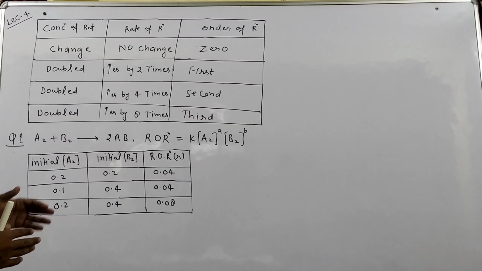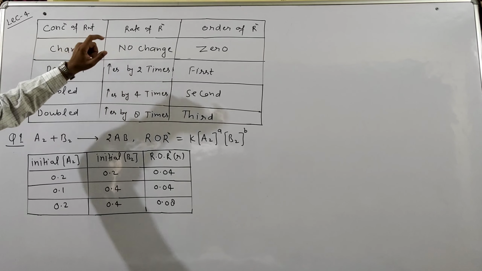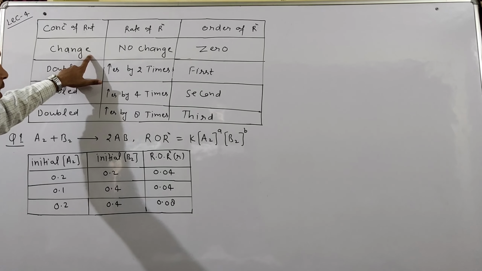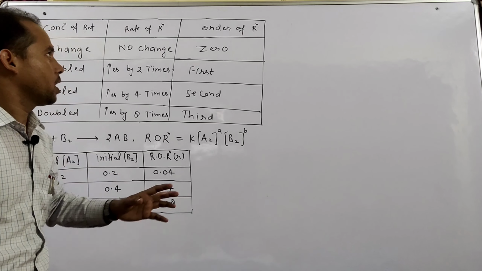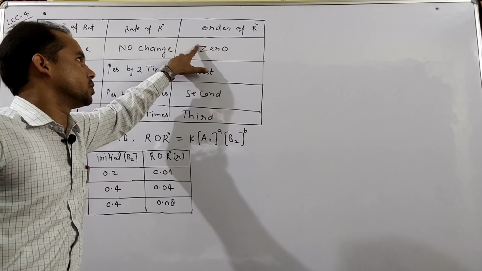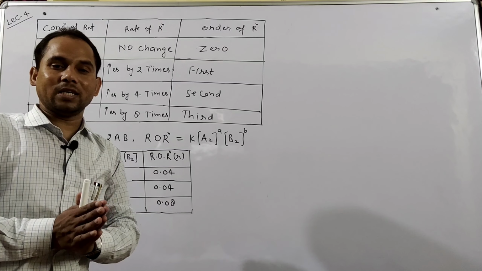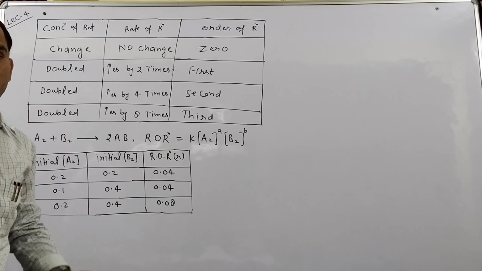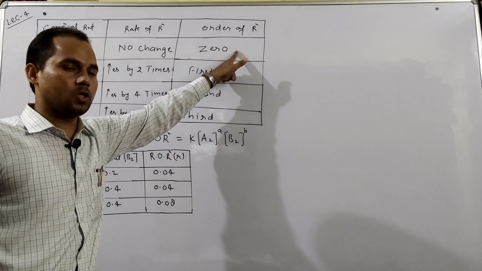If we change the concentration of reactant and there is no change in the rate of reaction, then the order of reaction will be zero order.